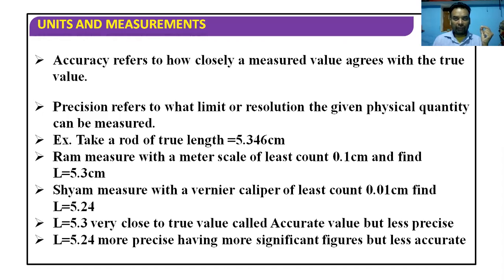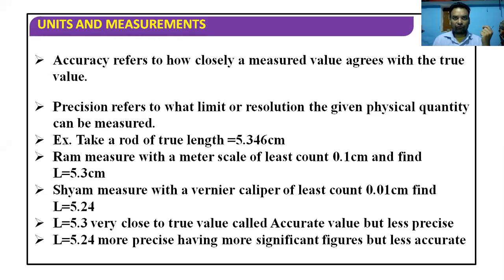Suppose we are measuring acceleration due to gravity in our experiment. There is a true value for that: small g is equal to 9.8 meter per second square. This 9.8 meter per second square is the true value.